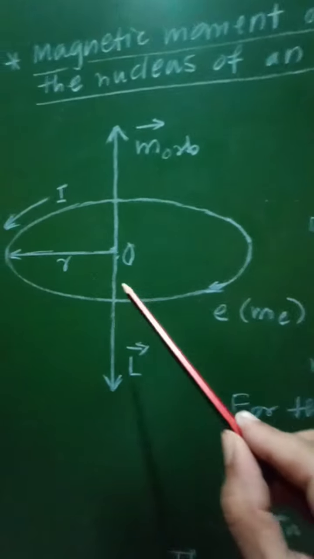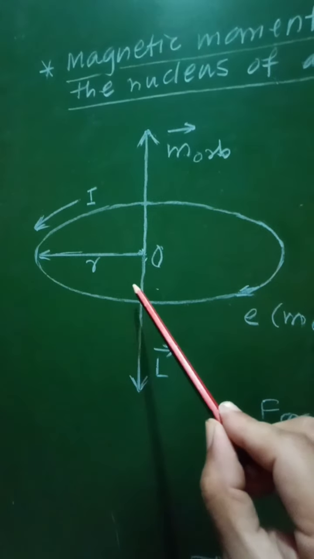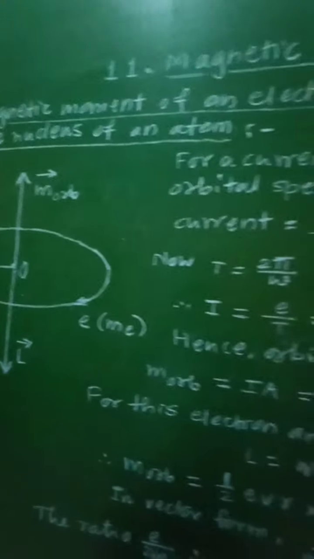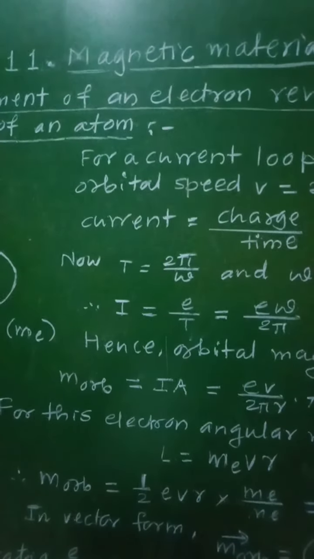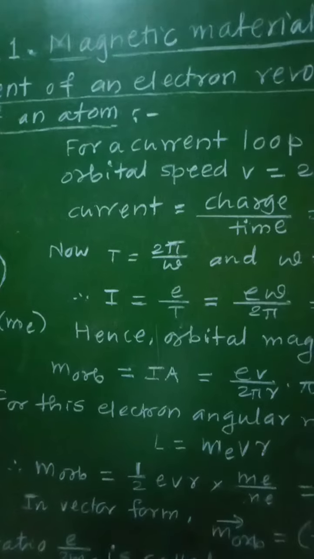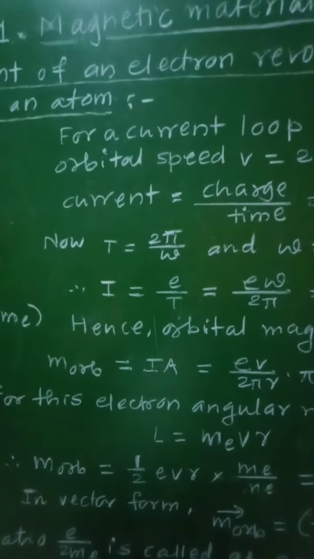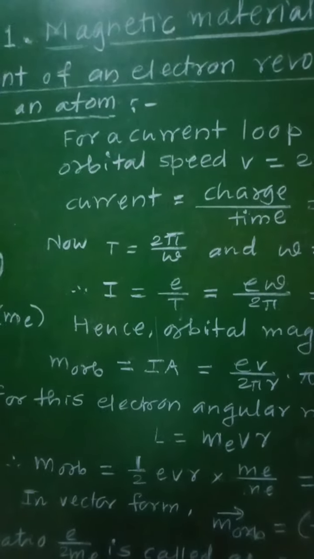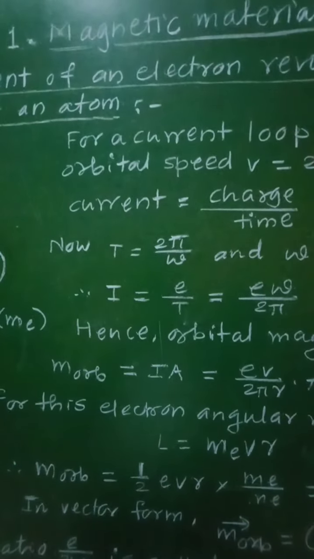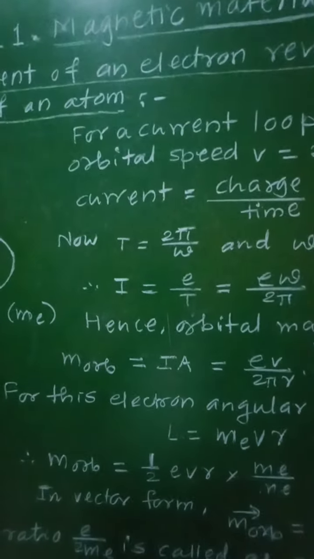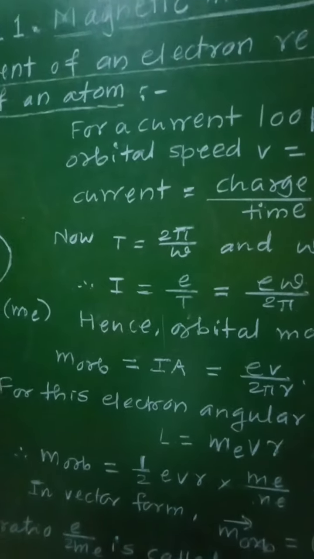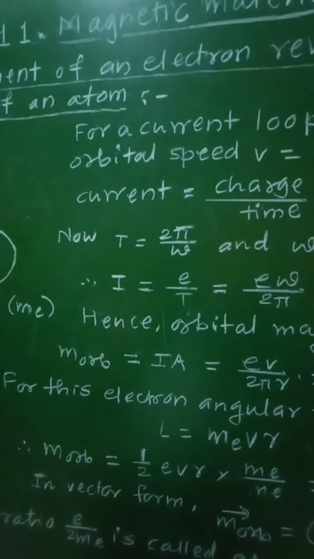Then r is the radius of its circular orbit, and the distance covered in one circular orbit will be equal to the circumference of that circular path, that is 2 pi r, and the time taken by it will be the period, that is capital T.